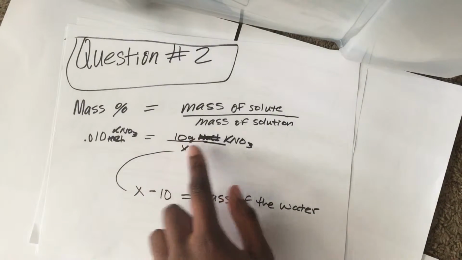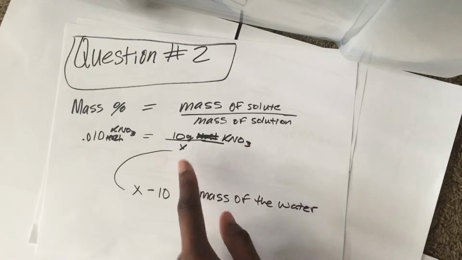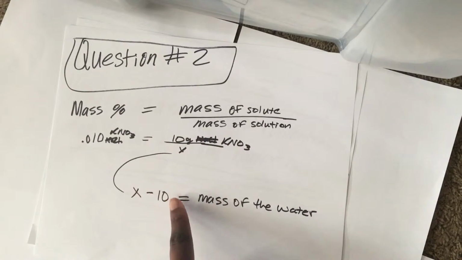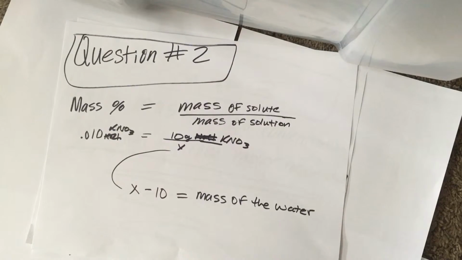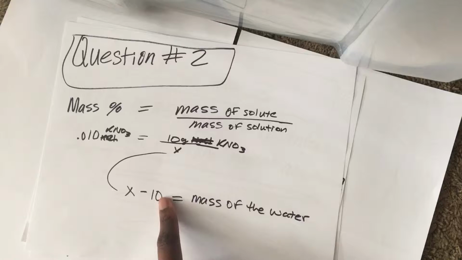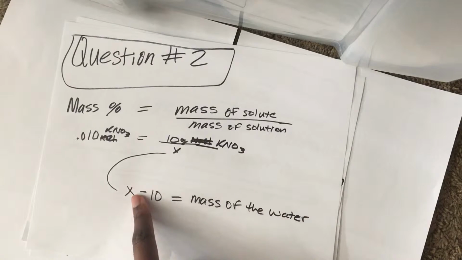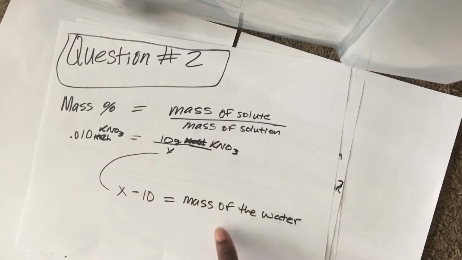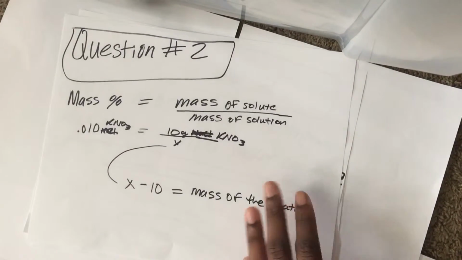Once you get that, you solve for x. After you solve for x, you subtract 10, because the 10 grams of KNO3 was in the solution. If you subtract 10 from that number, you get the mass of the water, because that is what's left.